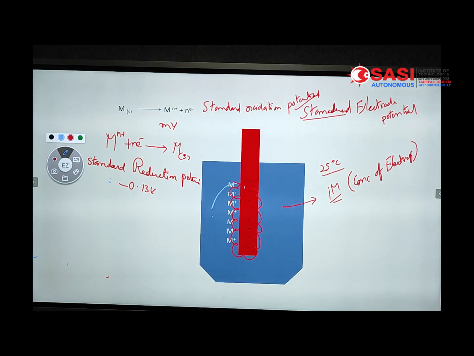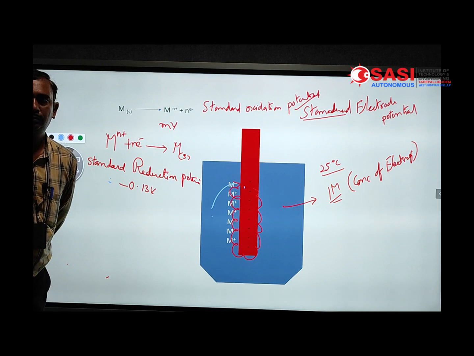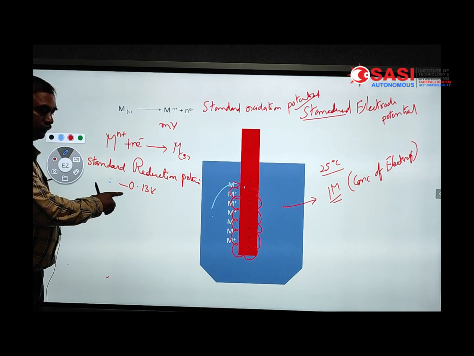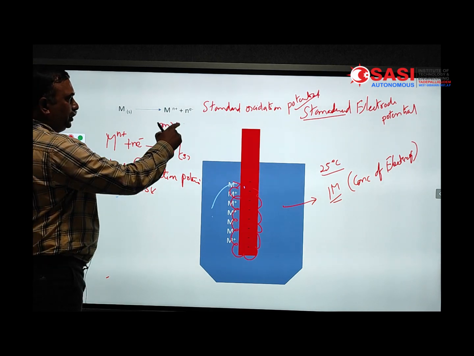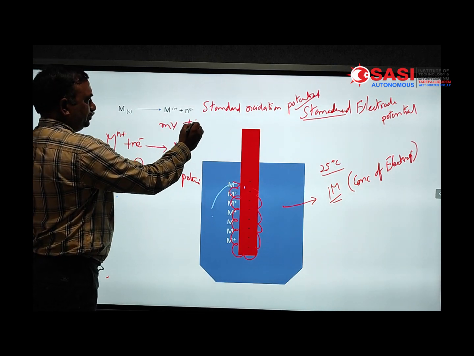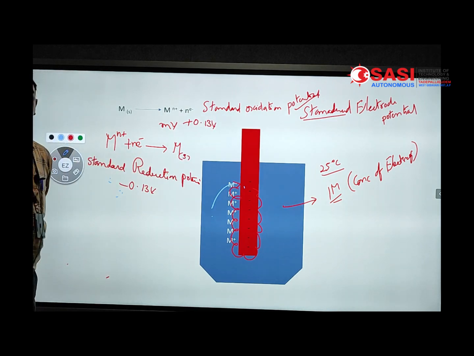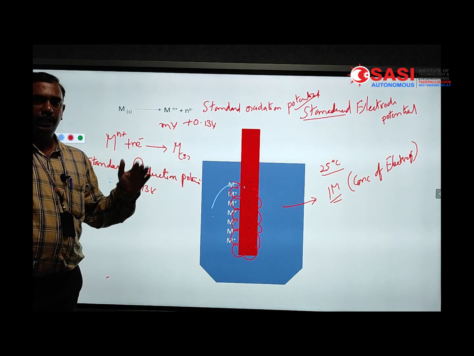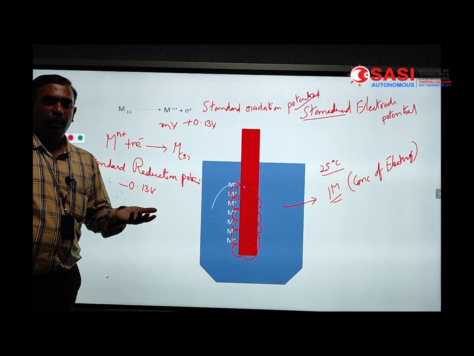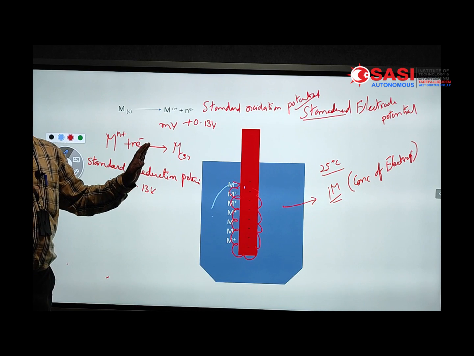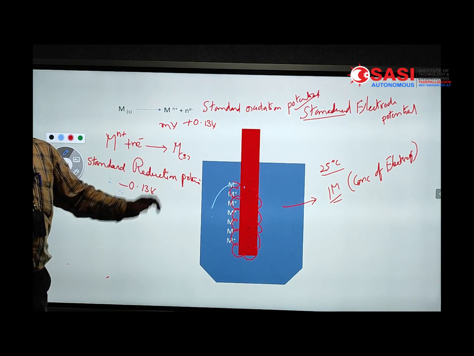Then if you want to get oxidation potential, what you will do? You have to just change the sign. Instead of putting negative, if you put positive, it will become oxidation potential, because we know in a redox reaction the number of electrons transferred should be taken by another atom. So hence these two are equal, only the sign will be different.